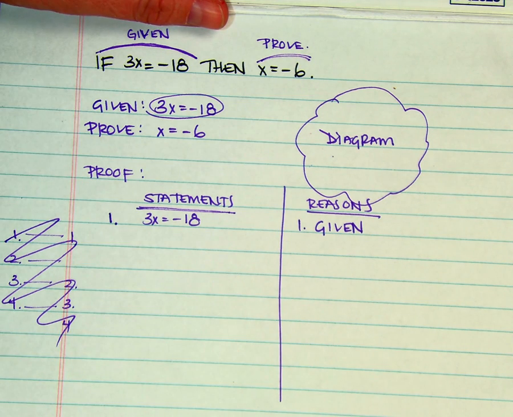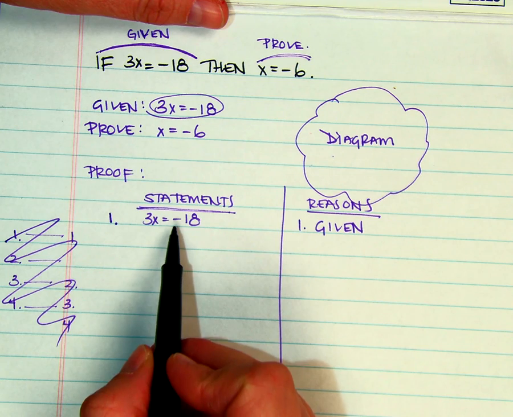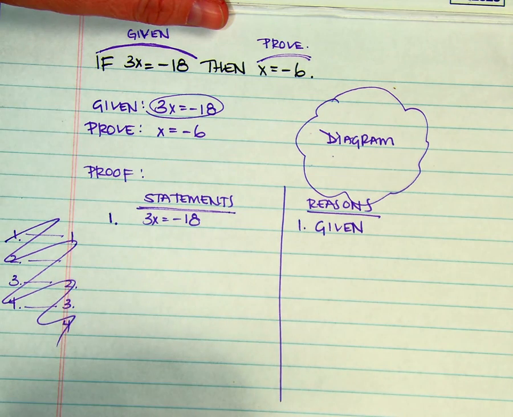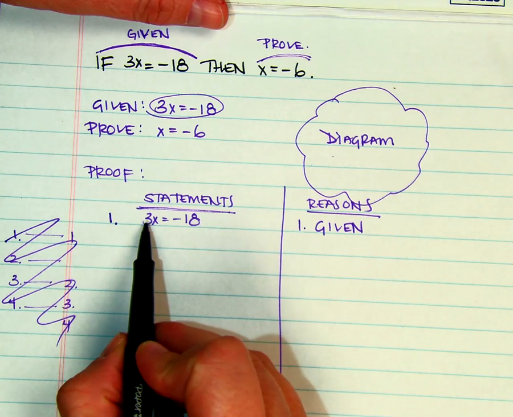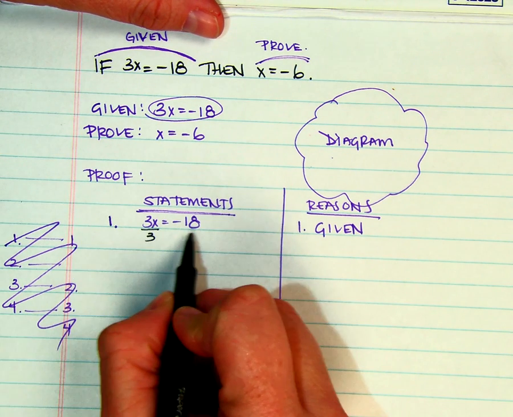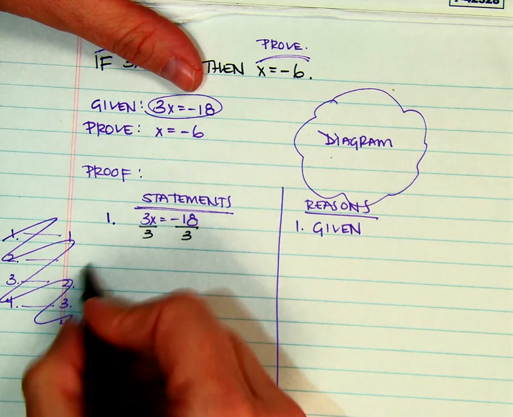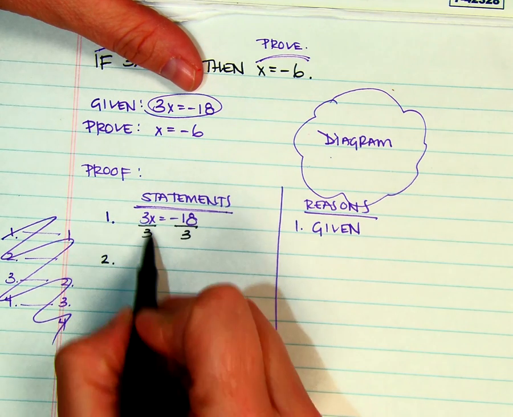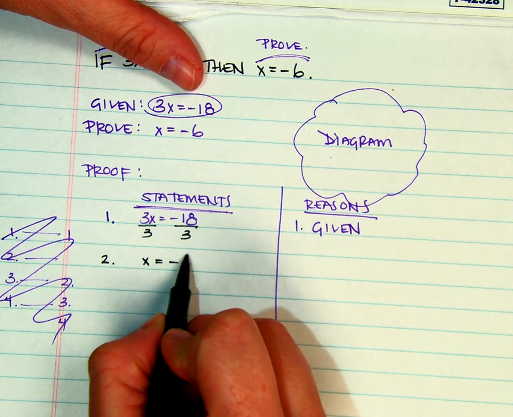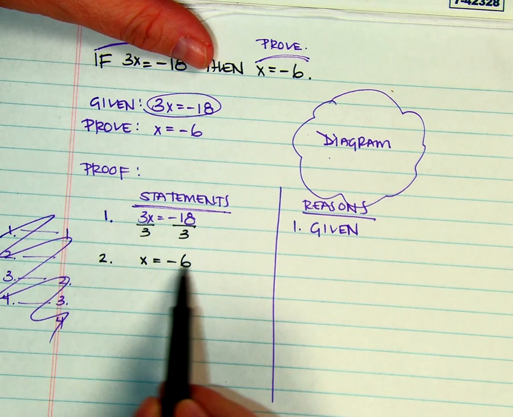Okay? When you're doing an algebra proof, your work that I would actually be applying the properties to is not part of a statement. So if I want to solve this, I'm going to divide both sides by 3. What I get when I clean it up, x equals negative 6, that is my statement.